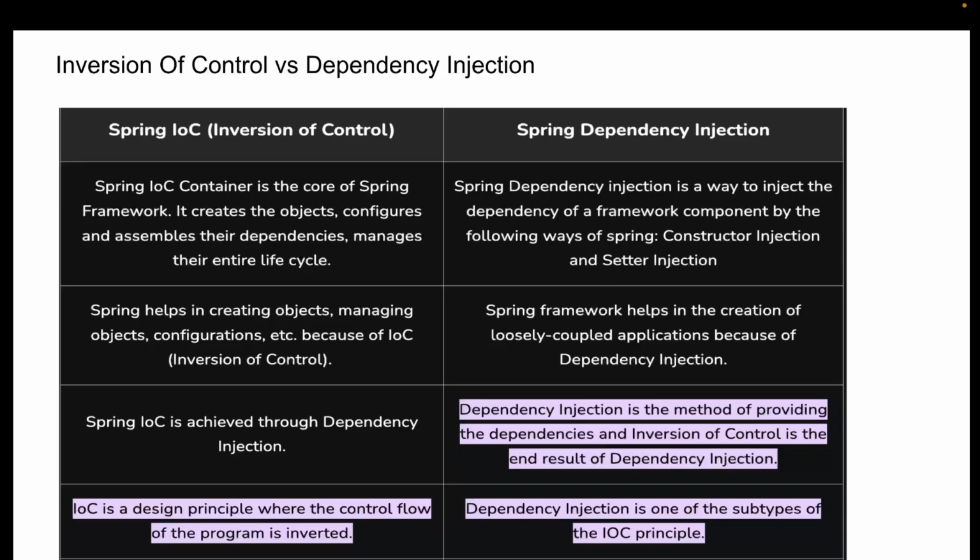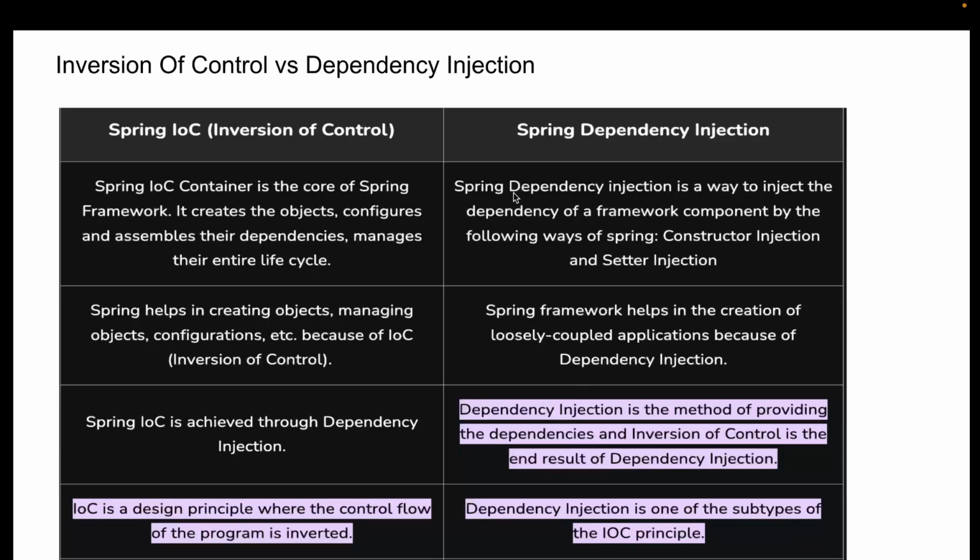So as we already talked about, inversion of control is a design principle which will help you to create the object, and it will help you to manage the object and their entire life cycle. And how in practicality this is achieved is with the help of dependency injection.